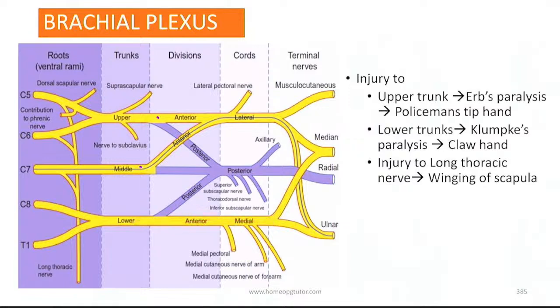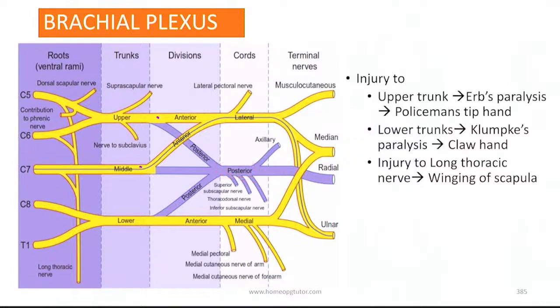We have three trunks and three cords. And all the posterior divisions join together to form the posterior cord.